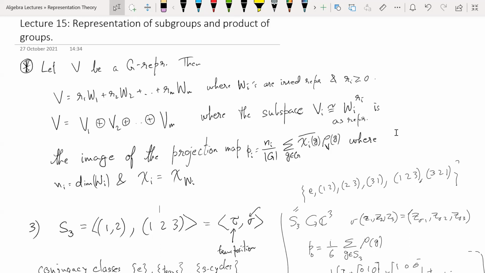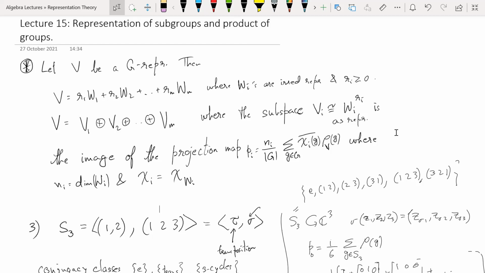And we saw that we can pick out the Vi's via these maps. So these maps are the Pi's. You can see these Pi's are defined just in terms of the representation rho V. And you would know every irreducible character given a group G. You can find out all its irreducible characters in some way, and then using that you can compute this Pi.